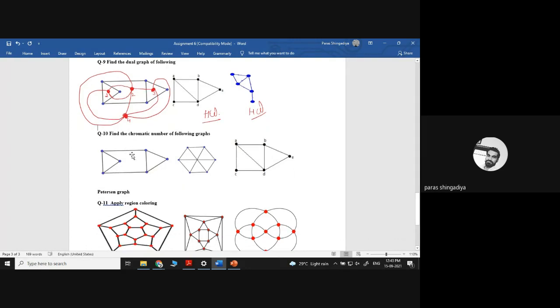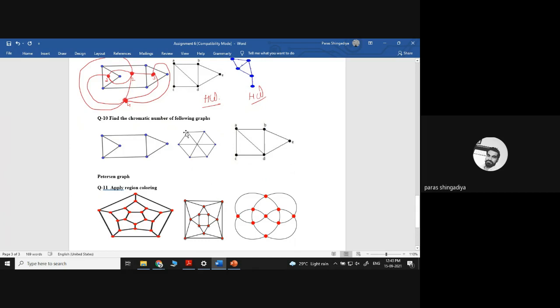Now let's start question number 10. In that you have to check the chromatic number of the following graph. Chromatic number means how many minimum colors are required for vertex coloring of that graph. Let's solve the first one and the rest you can practice.